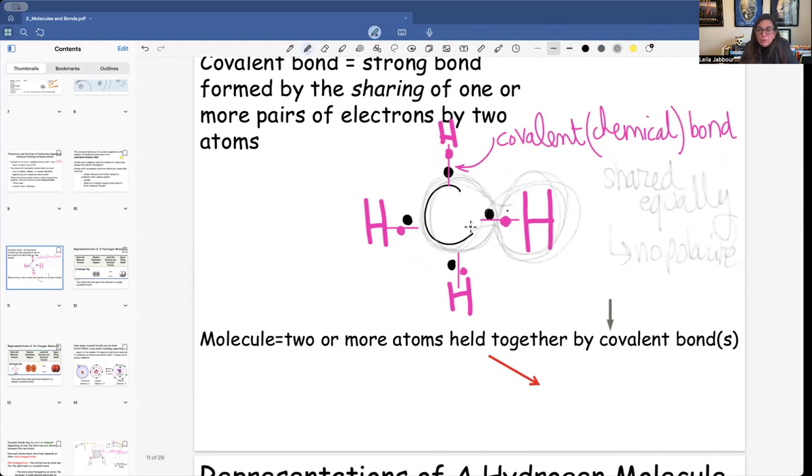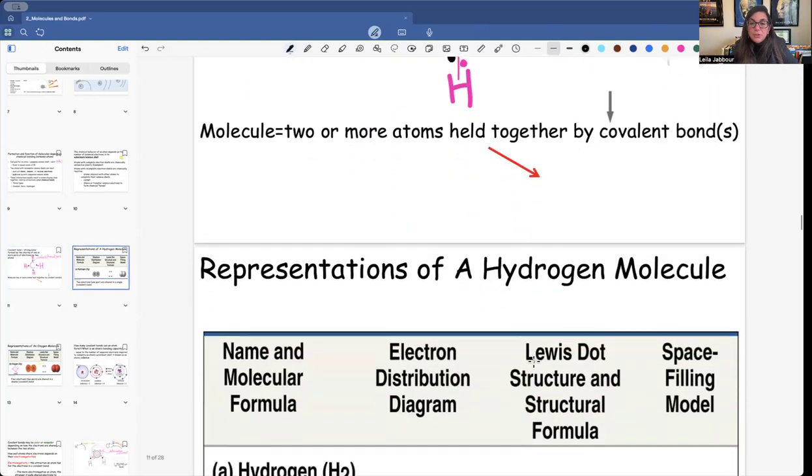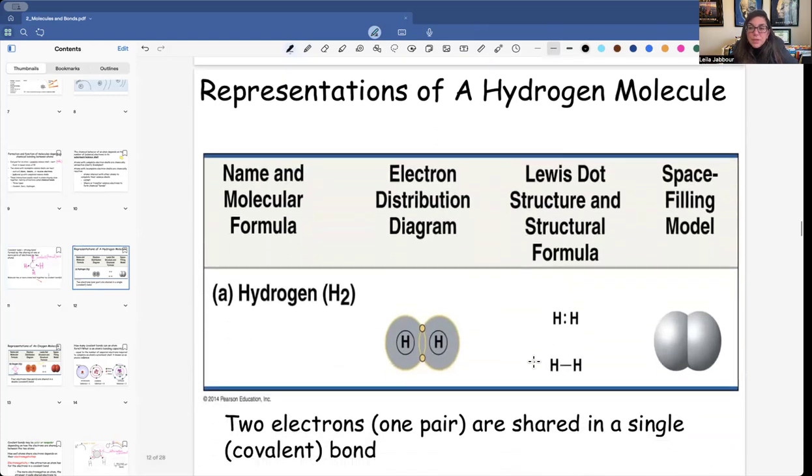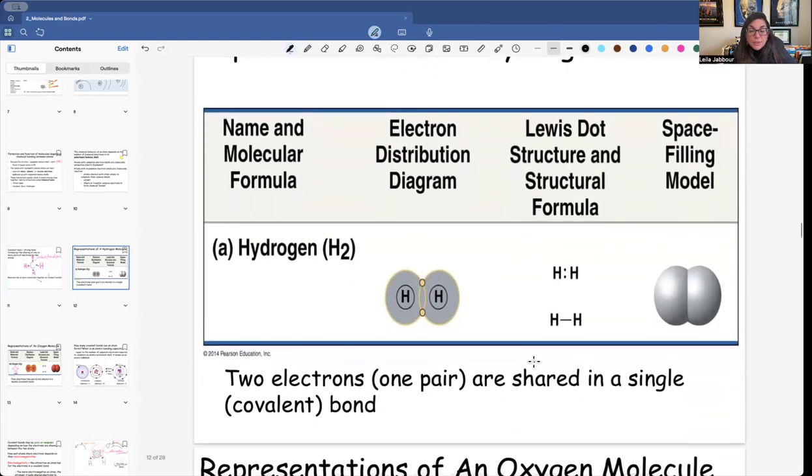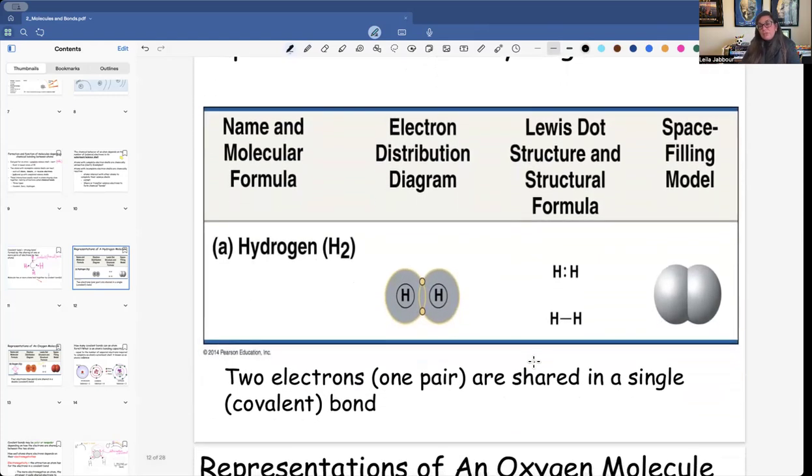I forgot what the PowerPoint was saying over here. Molecules: two or more atoms held together by covalent bonds. And that's how you end up with a molecule. We're going to see examples of molecules. A hydrogen molecule is very, very small, and it's really only made of two hydrogens.